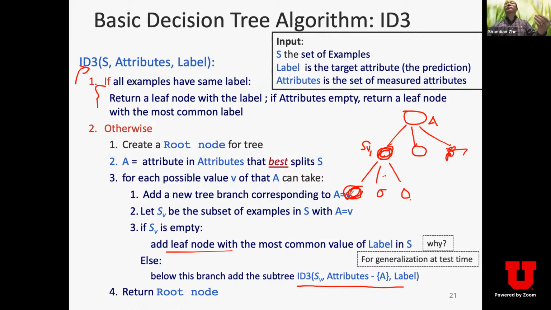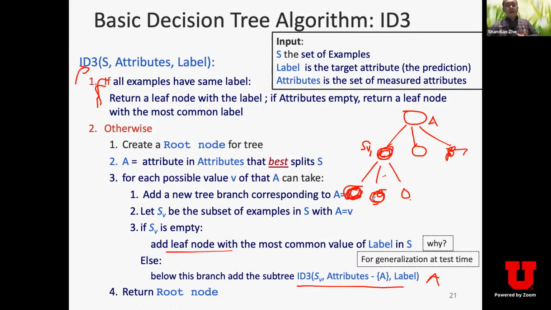Following the same procedure, you can imagine, for example, at this stage, when you call ID3 to split this subset, you find that all the examples have the same label. You return the leaf node with the label. So now you return back here, and now you look at the second subset. You call ID3 again and try to split this subset.